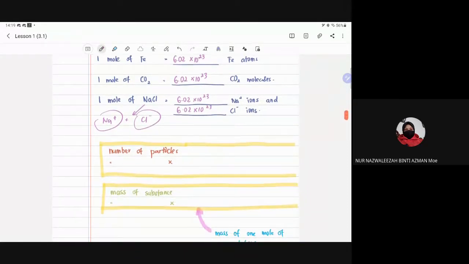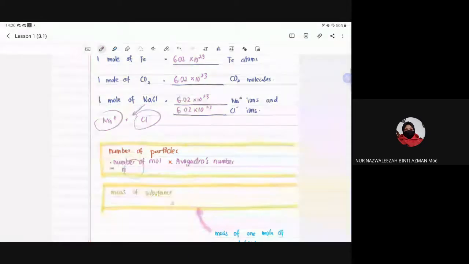So now, how can we use the number of mole to count the number of particles? We can use a formula. Number of particles is equals to number of mole multiplied by Avogadro's number. Kalau dalam bentuk simbol, simbol untuk mole adalah N multiply by Na.